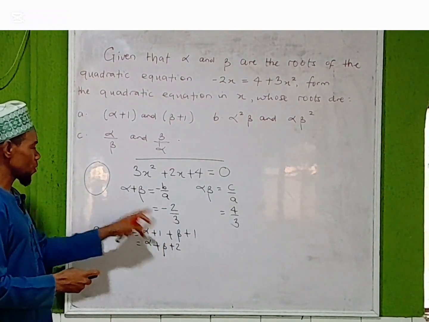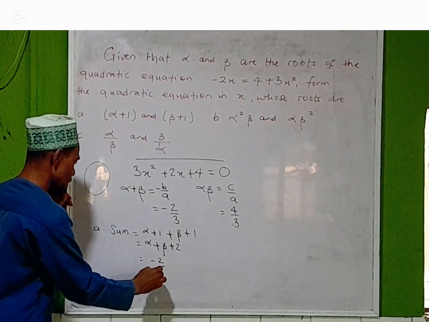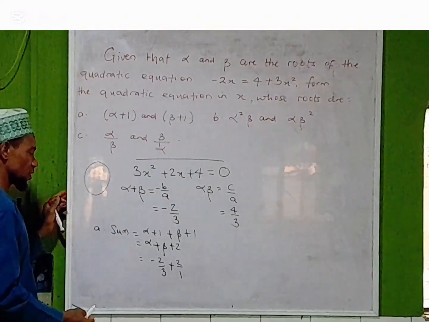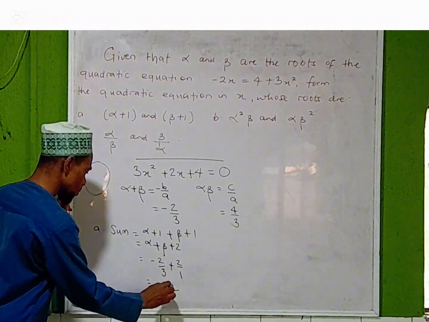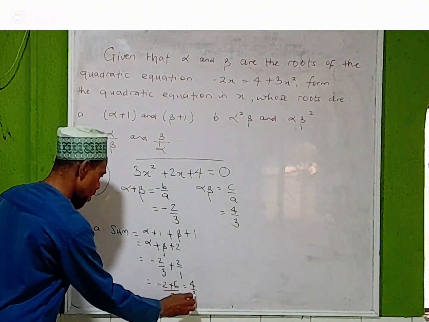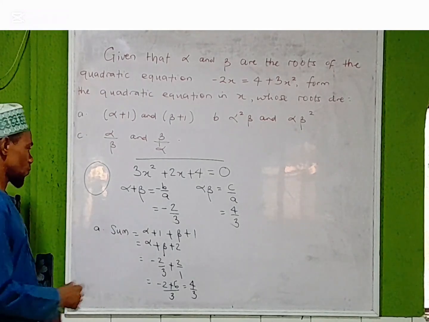Thereafter, we can pick our alpha plus beta from here, which is minus 2 over 3 plus 2. And of course, we can solve this simply, which gives us minus 2 plus 6, which is 4 over 3. That's the sum of this new set of roots.